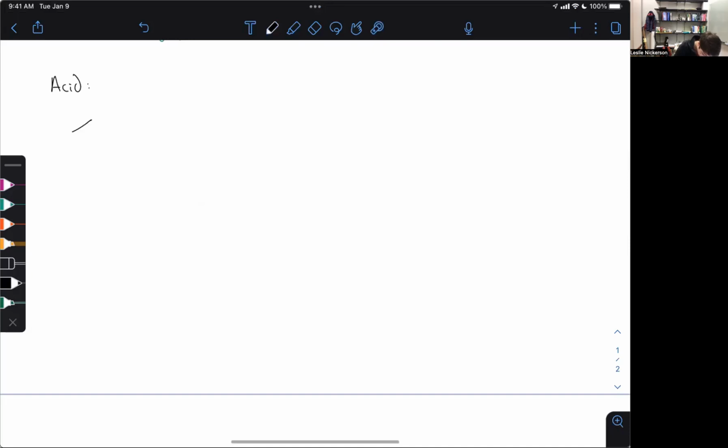We're just going to use the same example that we had up above. If I have this enol in an aqueous solution with some sulfuric acid, I've got acid, I've got my enol. So if I have acid, the first thing I'm going to do is protonate somewhere here.